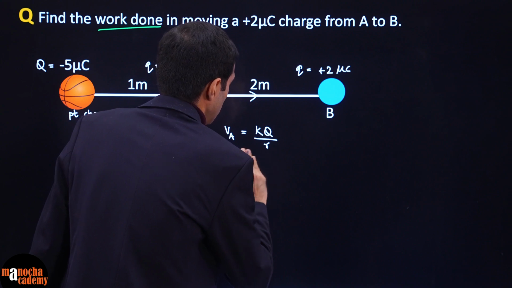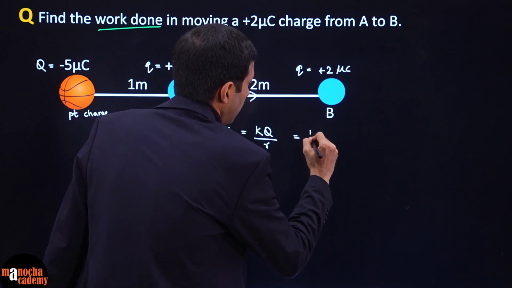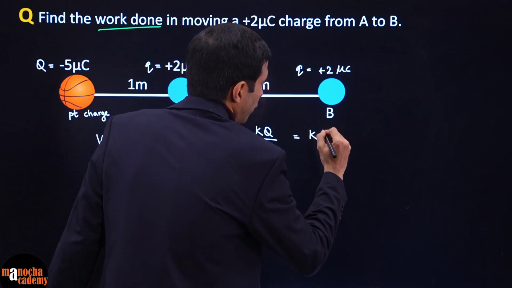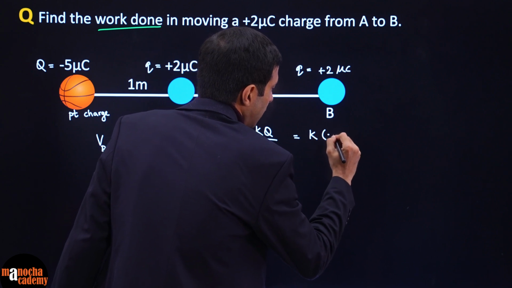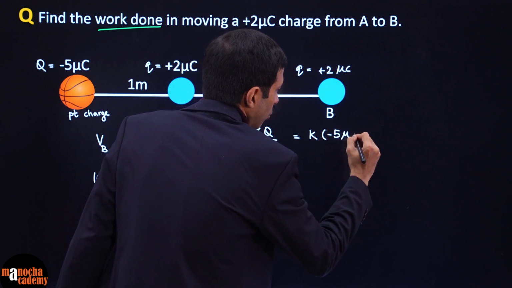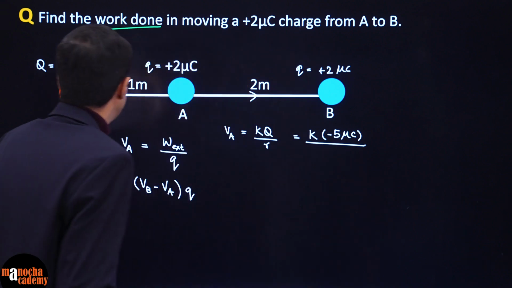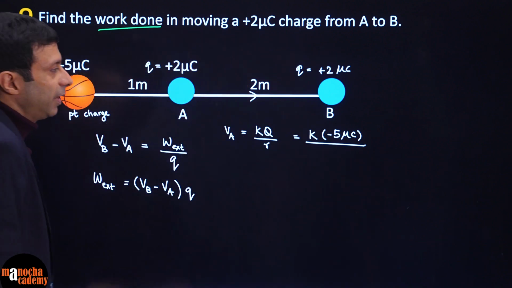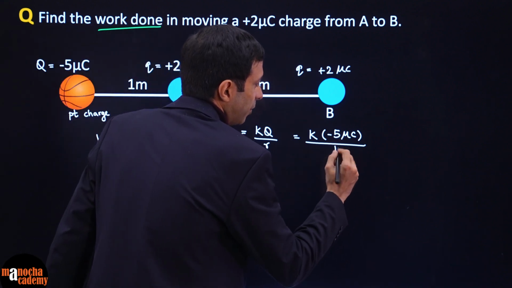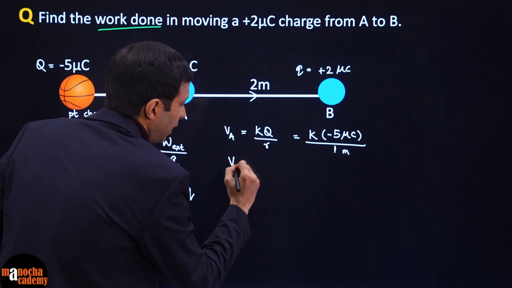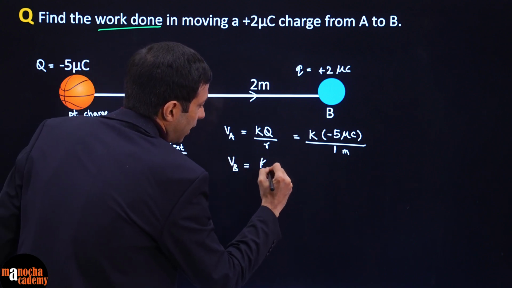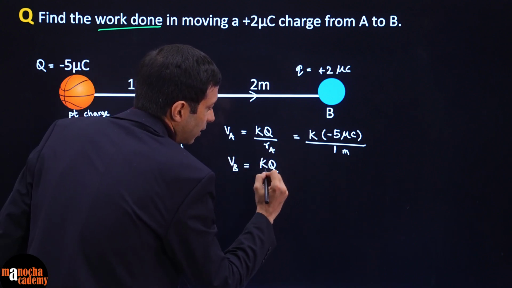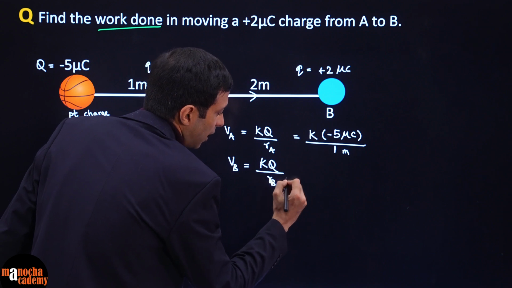So this is going to be equal to k times -5 microcoulomb. I said please use the sign. So -5 microcoulomb divided by the distance here, which is 1 meter, the distance from the point charge. So divided by 1. And potential at B is going to be how much? Again kQ by r, and this is really RA, the distance from A. This is going to be RB.